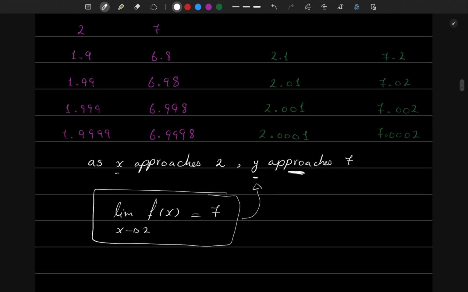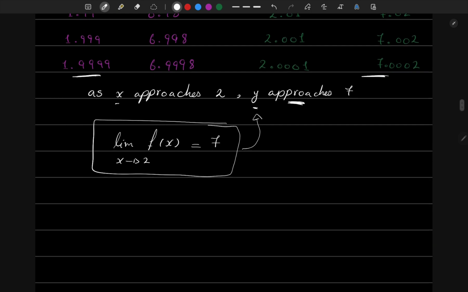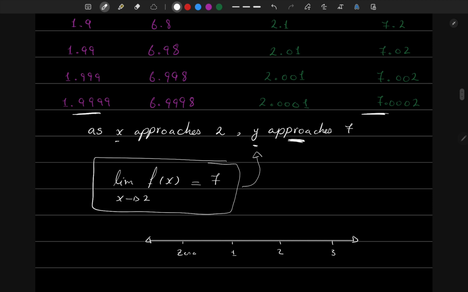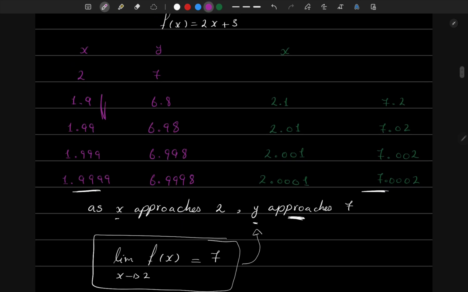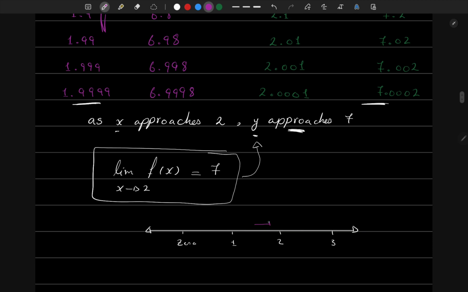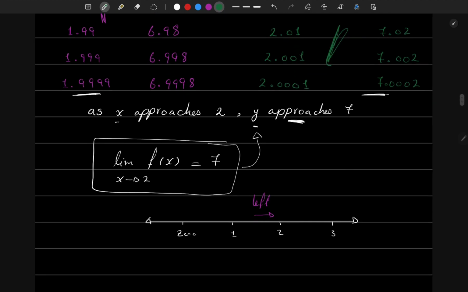The approach can come from two directions. It can come from the right hand side, and it can come from the left hand side. If we have a line like this, and let's say we have 0 here, 1, 2, and 3, we notice that here I'm approaching from the left hand side, while here I'm approaching from the right hand side.